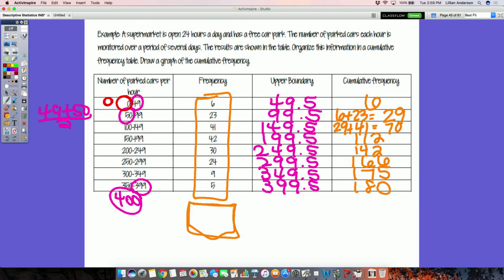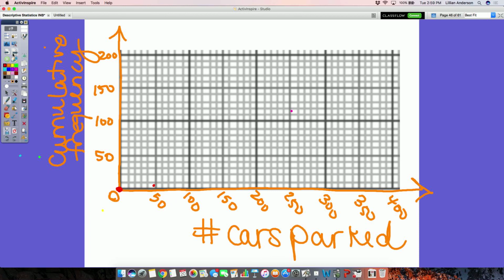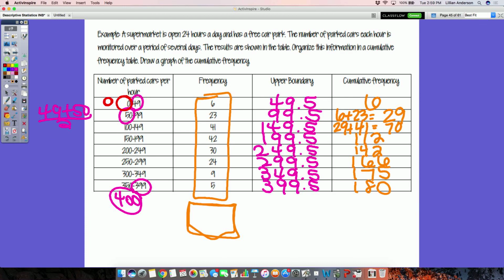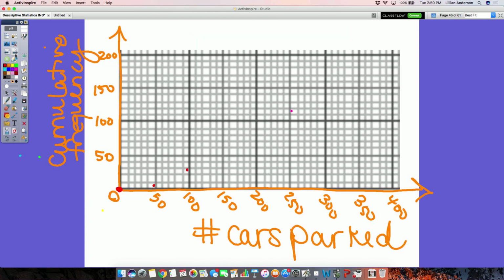The next one is 99.5 and 29. 99.5 is really close to 100. 29 is right below 30. Does everybody follow what I'm doing? The next one is 149.5 and 70. 149.5 is really close to 150. 70 is actually on the line, 2 lines above 50.